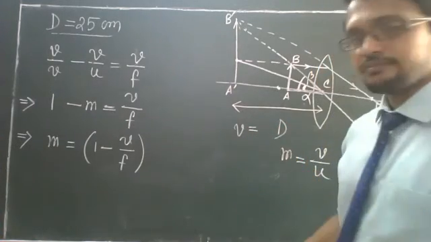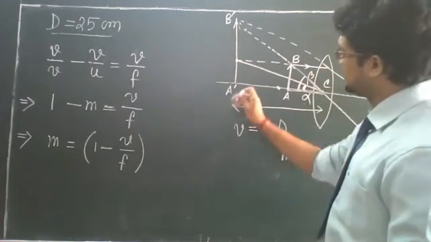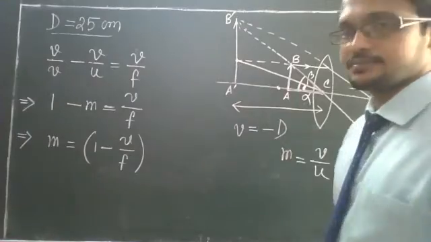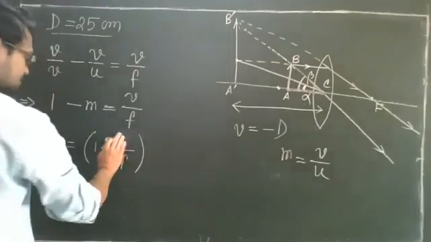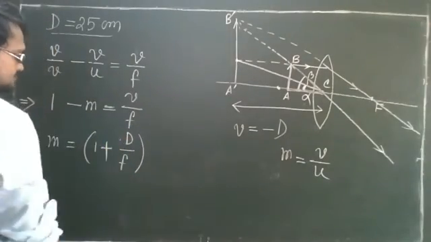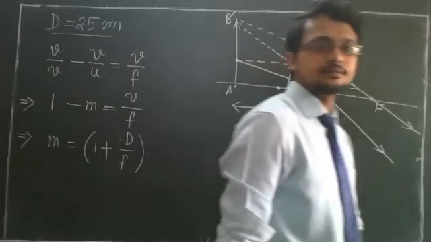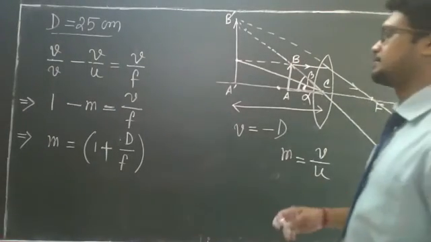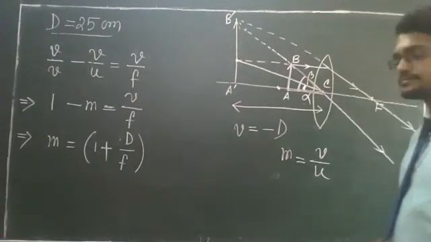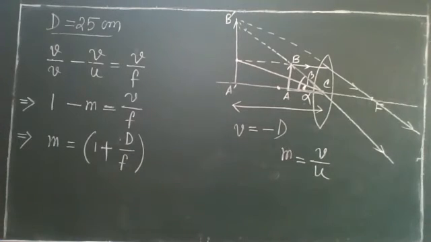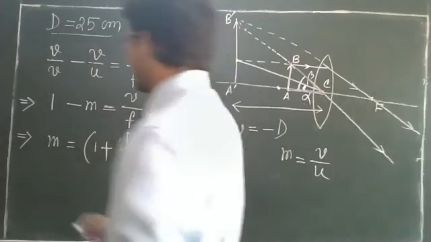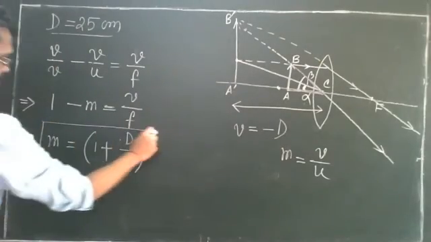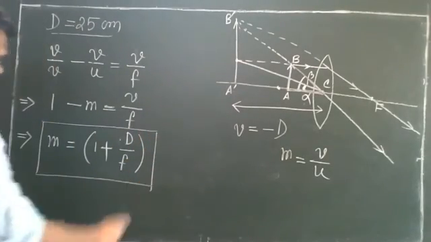D. Now V is on the left side, so V will be minus D. So here, D. Understand? Very simple derivation, but each step is very important. Clear? Yes, sir. So this is the magnification formula.